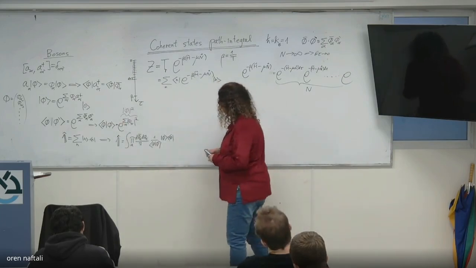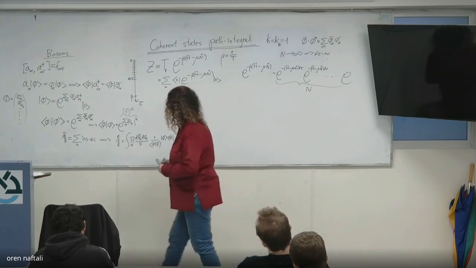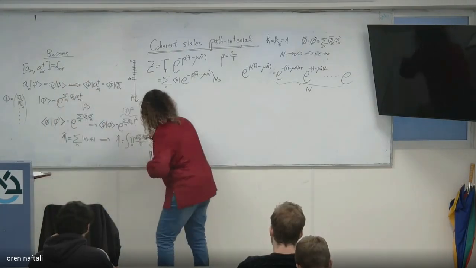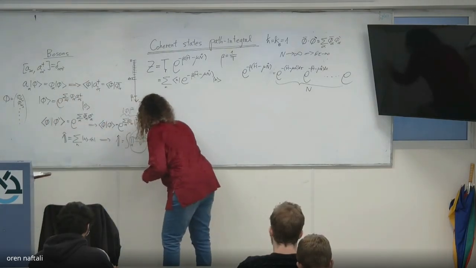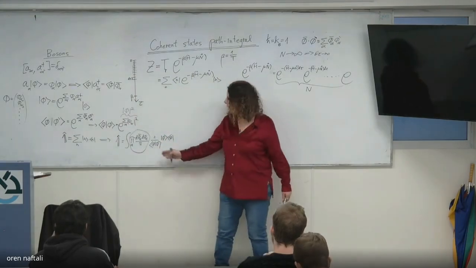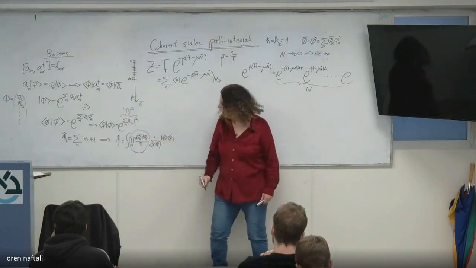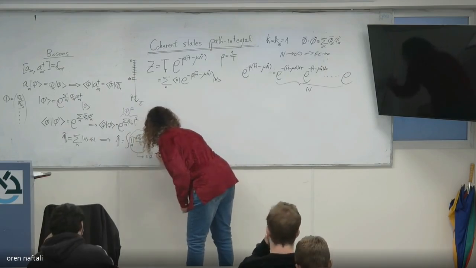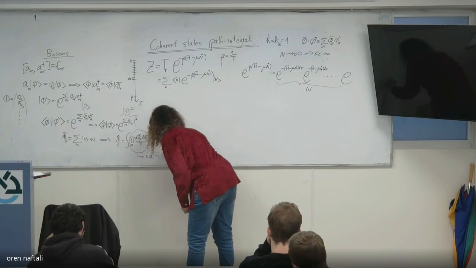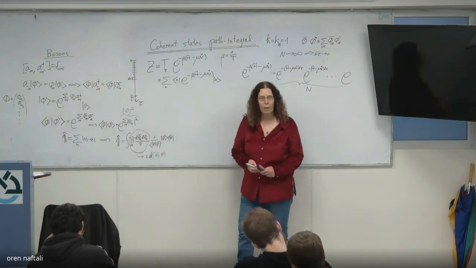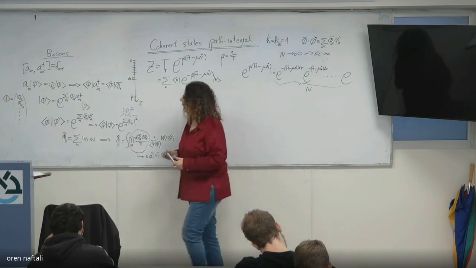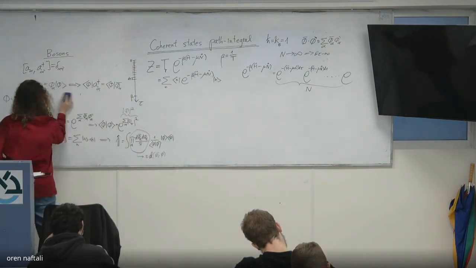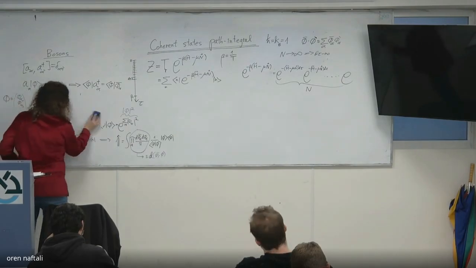So let me write it more compactly. I first want to introduce a notation. This differential, which is a multidimensional differential, I'm going to denote by d of phi bar phi. This is just a shortcut notation for all this. And under this definition, let me write down here the resolution of the identity.